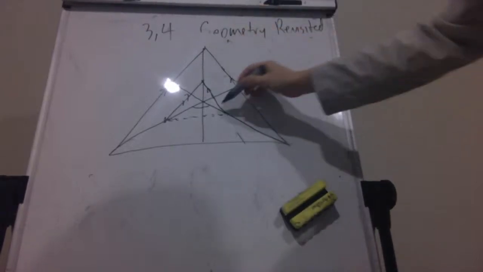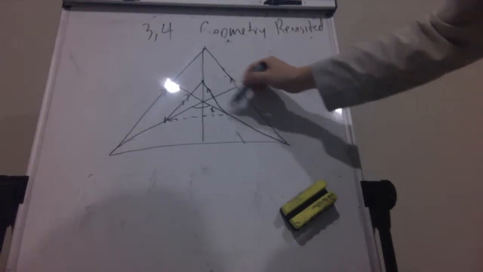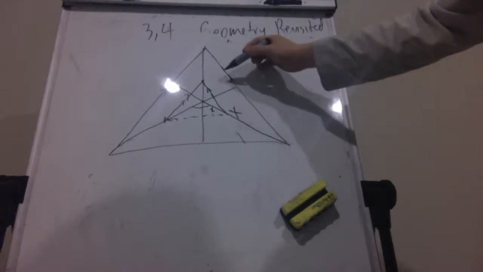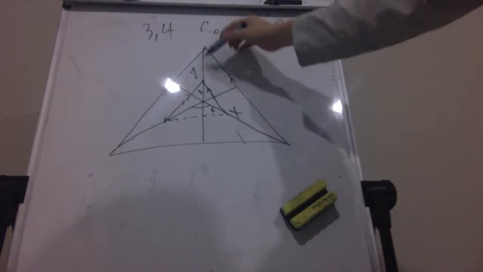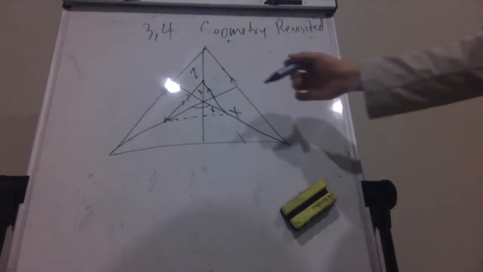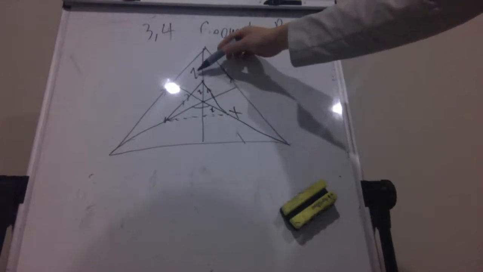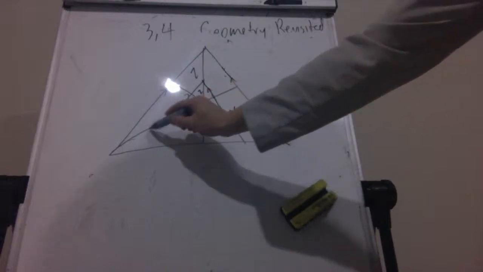Because the ratio of x and big X is the same as the ratio of this little z and big Z, right? The angle is just equal. So the ratio of x to big X is the same as z to big Z, and it has to be the same as y to big Y, yeah?